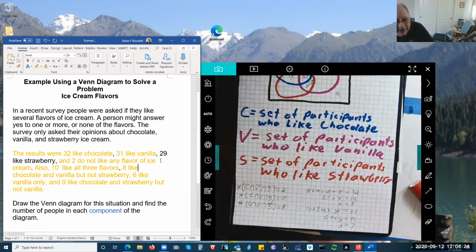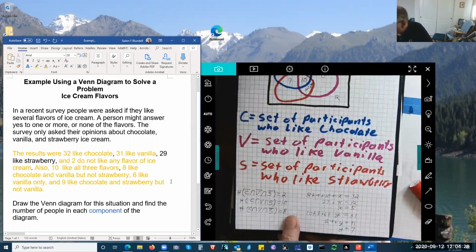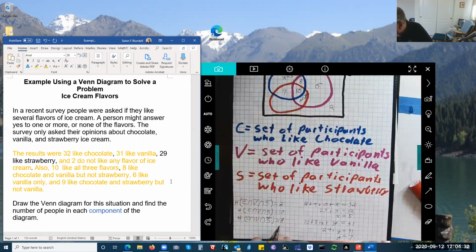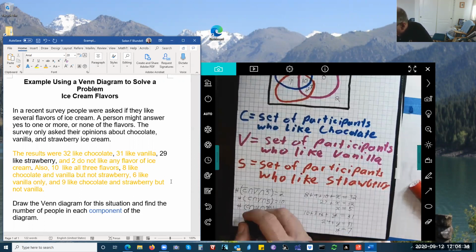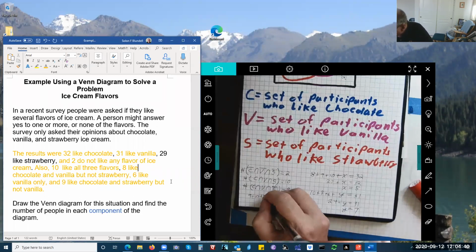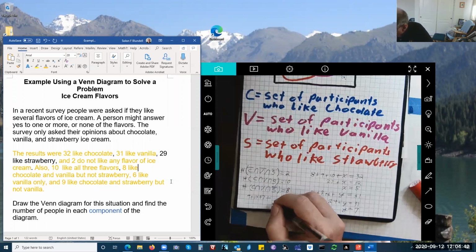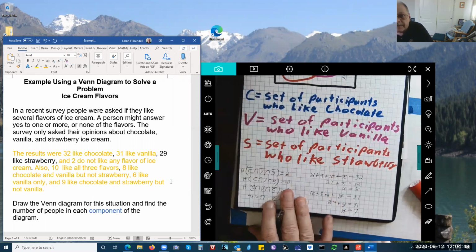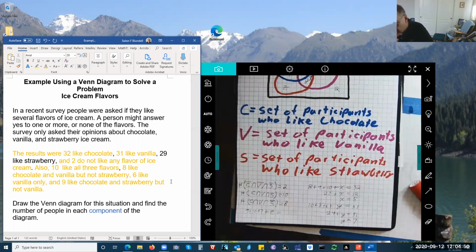The only remaining fact we can use is the 29 like strawberry. All these guys add up to 29. So 9 plus 10 plus 7 plus z, this is z here, all adds up to 29.